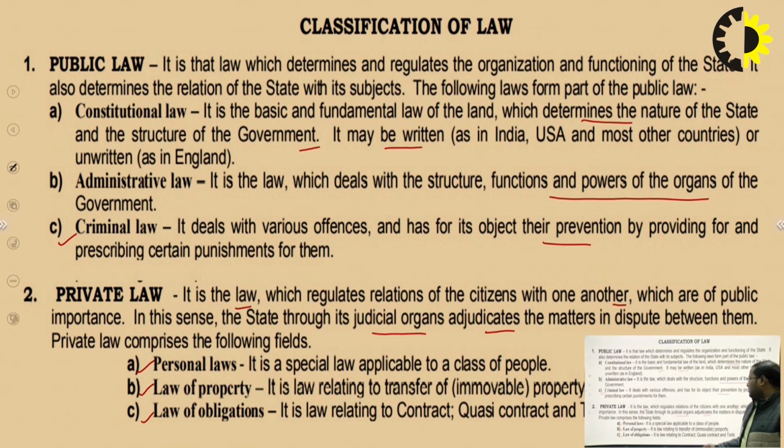Personal law is a special law applicable to a class of people in India. Law of property is the law related to transfer of movable or immovable property. Law of obligation is the law relating to contract, quasi-contract and torts.